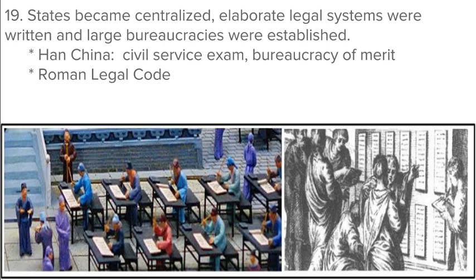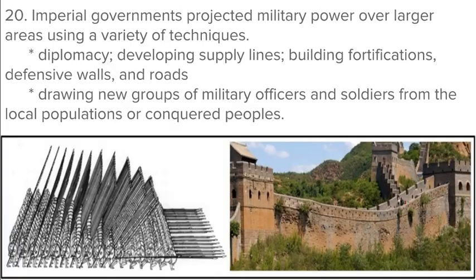And they're going to have, again, the most organized bureaucracies. These governments, the imperial governments, are going to have a lot of military power. They're going to be able to raise their armies from either their local population, like volunteers, or from the conquered people. So they will conquer people and then force them into the military.